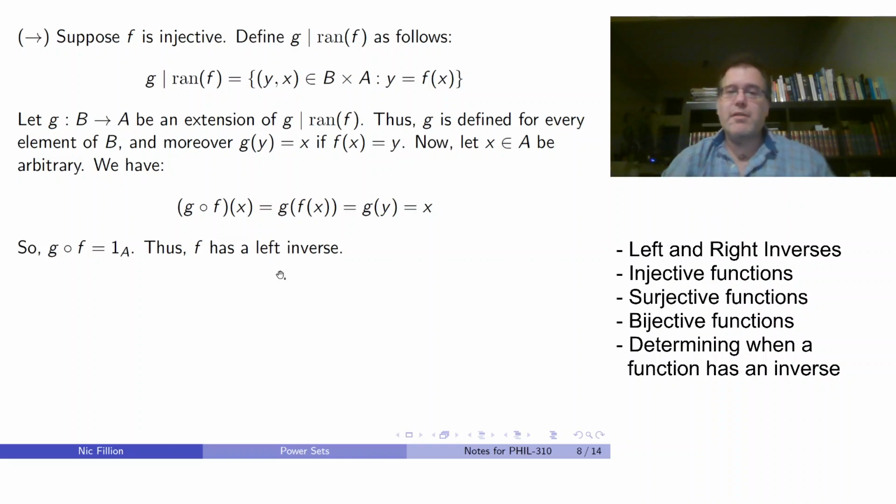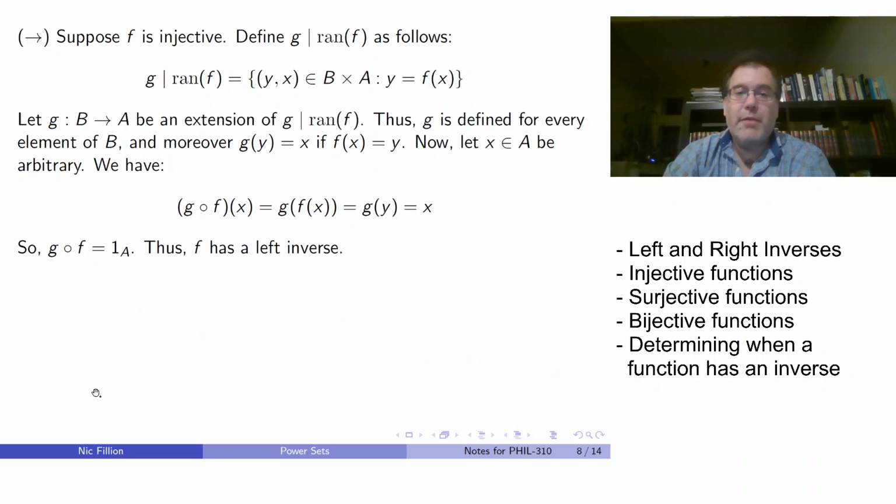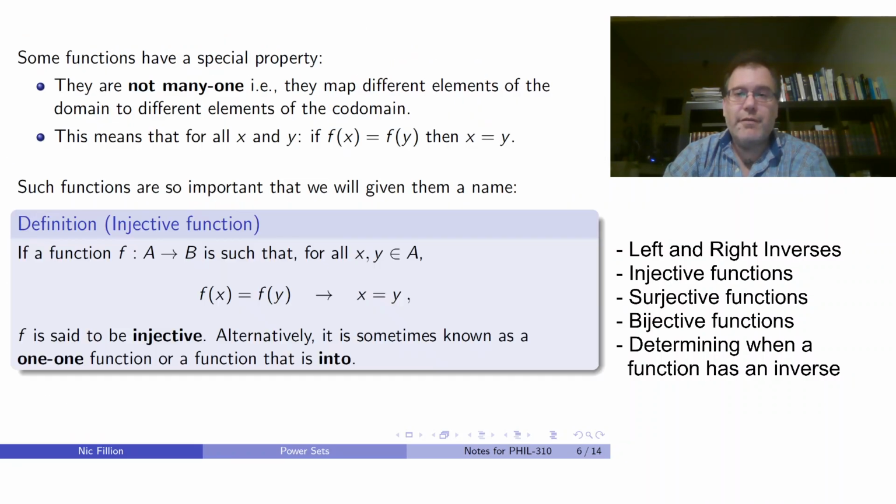Now let's flip things around. We're going to assume it has a left inverse, and we're going to try to show that F is injective as a result. So suppose F has a left inverse. And suppose that this left inverse is a function G from B to A, okay? Now, we want to show that F is injective, remember our definition of injective.